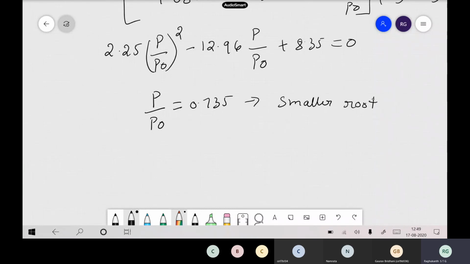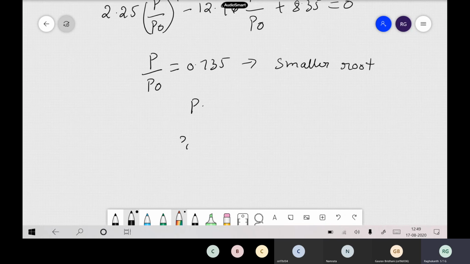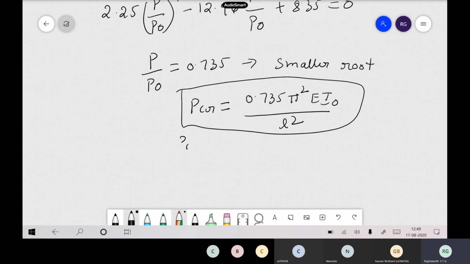So the critical load P turns out to be 0.735 π square EI naught by L square. This is the solution you get by taking two terms. The second mode is not important for us, only this one.